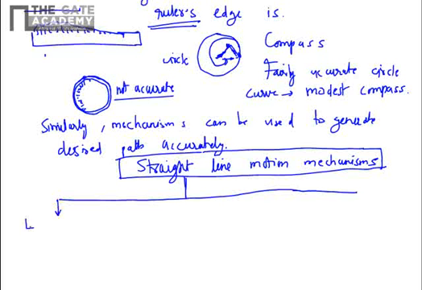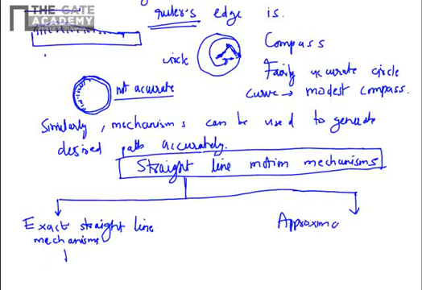In straight line motion mechanisms, you have two categories. One is exact straight line mechanisms, and the other category is approximate straight line mechanisms.